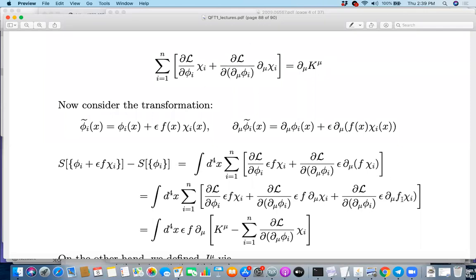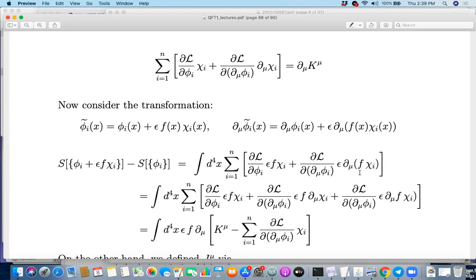In the second term, what I have done is just integrate by parts. Again, because f vanishes at infinity, I can integrate by parts, and I have put this derivative on everything other than f. Epsilon, of course, is a constant. Epsilon times f has come outside, and you have a minus sign because of one integration by parts: minus the derivative del mu of del L del mu phi I times chi I. So the first two terms have been analyzed using this identity.